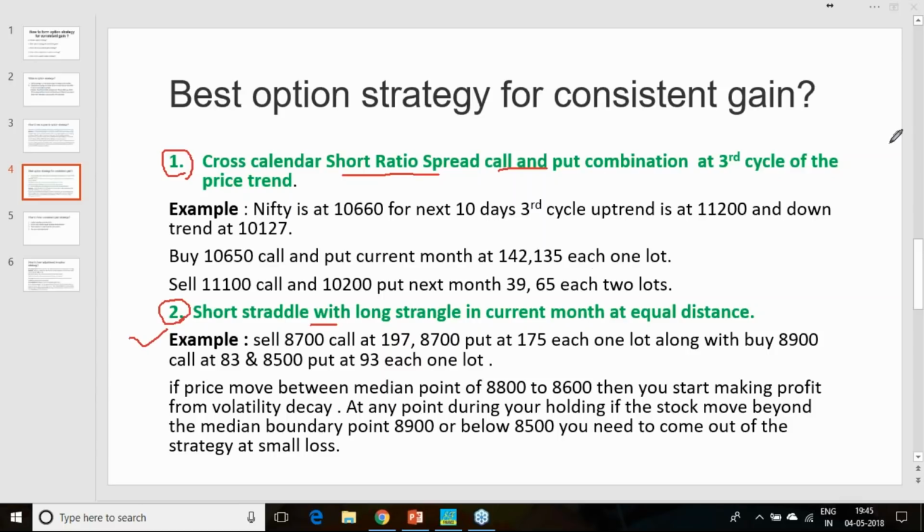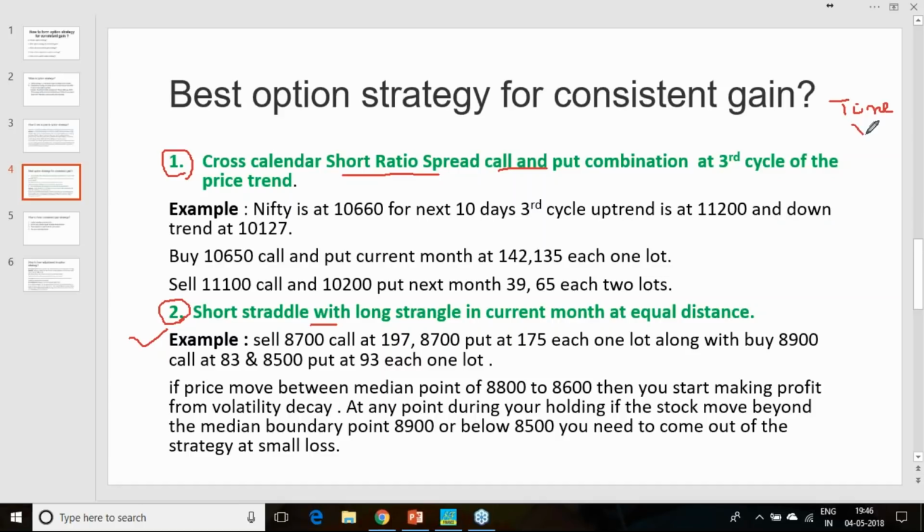Why do these two strategies give profit in all conditions, consistent gain? Whatever the volatility may be, the theta, the time value decay, is definite.